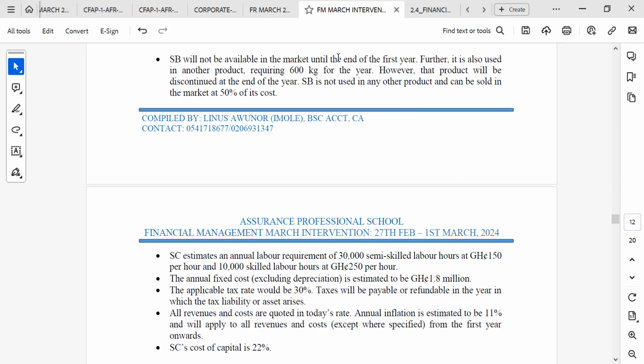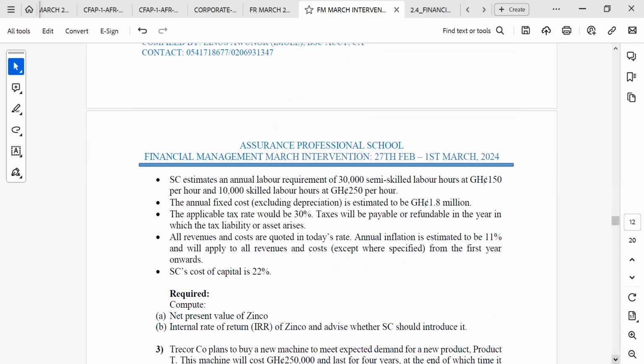All revenues and costs are quoted in today's rates. Annual inflation is estimated to be 11% and will apply to all revenues and costs, except where specified, from the first year onwards. The company's cost of capital is 22%. Required: compute A, net present value of Zinco, B, internal rate of return of Zinco, and advise whether the company should introduce it.